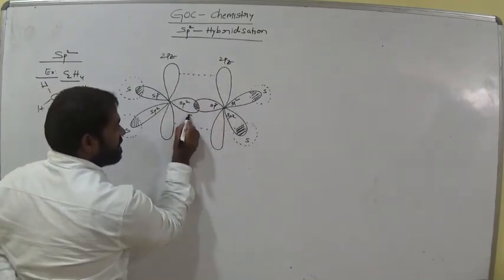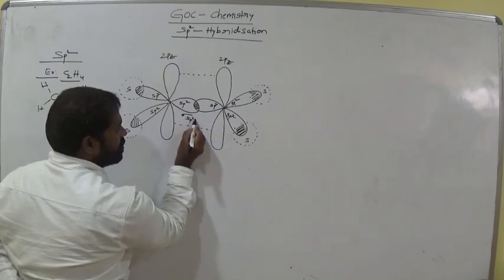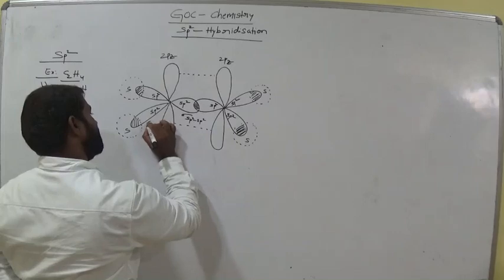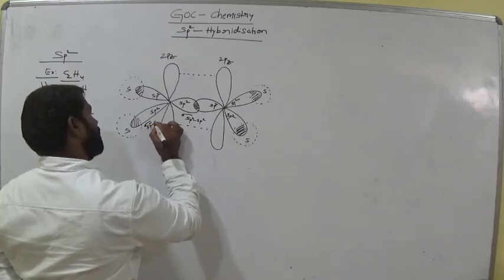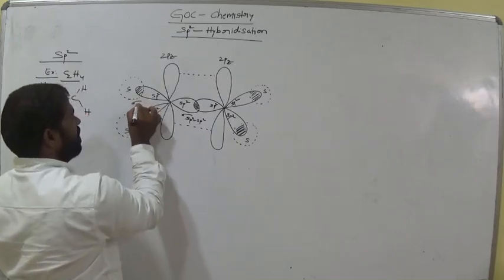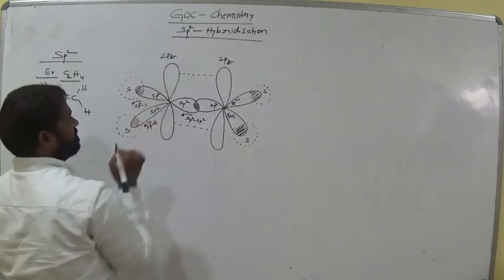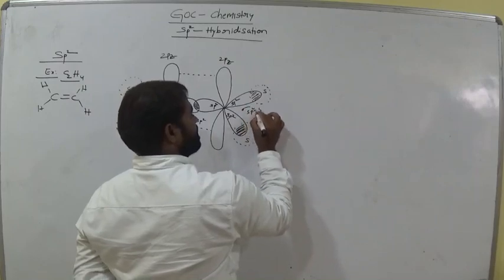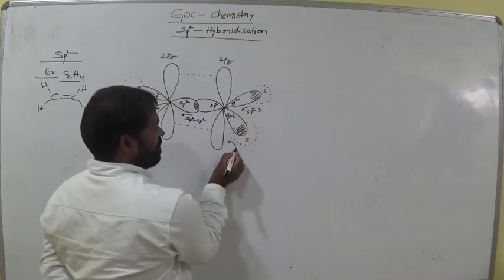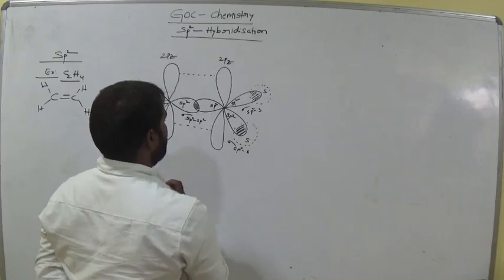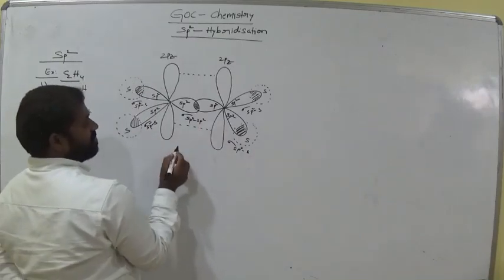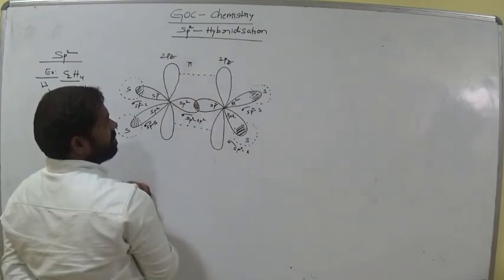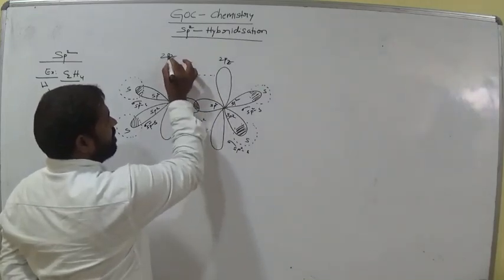Now tell me, this is sigma sp2-sp2, am I right? One sigma, and here it is sigma sp2-s, here it is sigma sp2-s, and here sigma sp2-s, and here sigma sp2-s, axial overlapping. And here it is pi, which orbital?